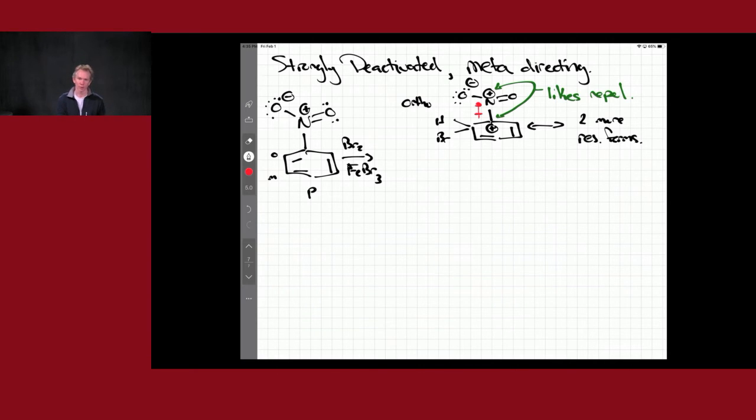Now in our previous example, when we had an oxygen there, that dipole was there as well, but we were able to compensate for it by giving a pair of electrons back to the carbocation through resonance. Here we can't do that. So overall, this looks like not a very good path. This should be higher barrier. And slow. Okay. Certainly slower than benzene.